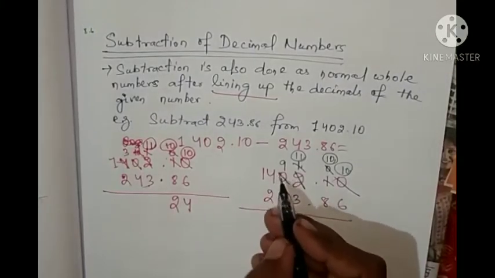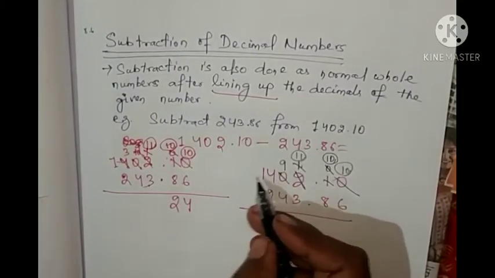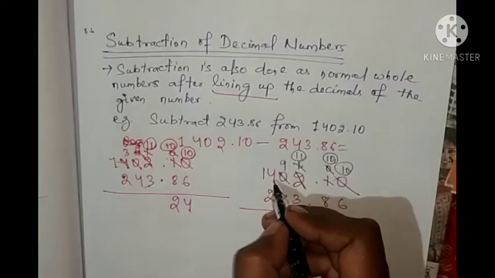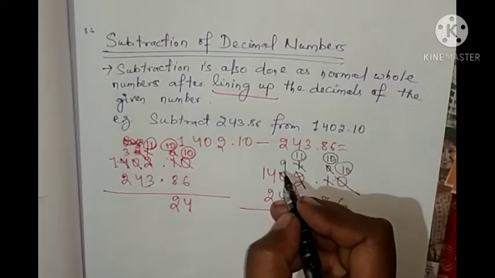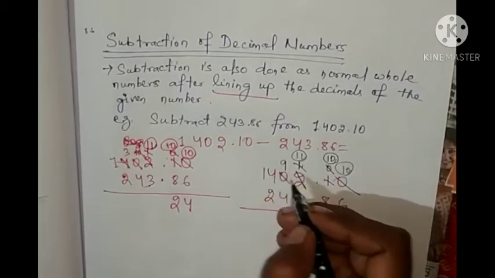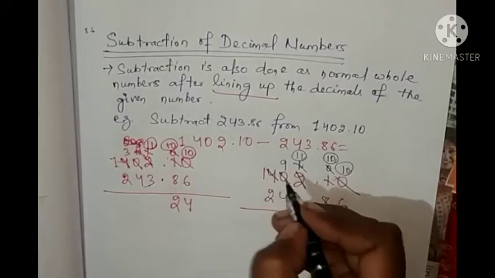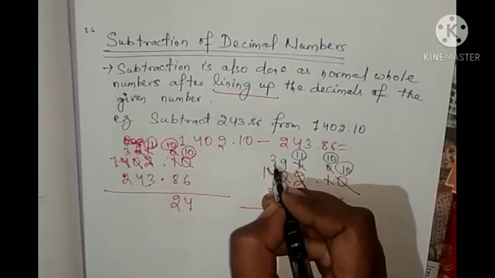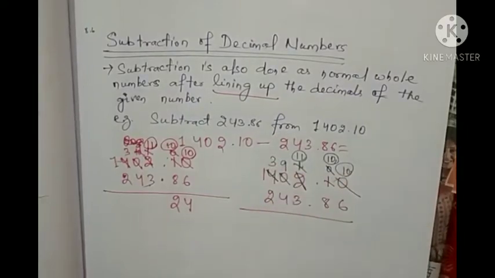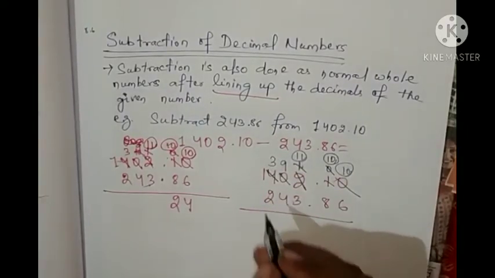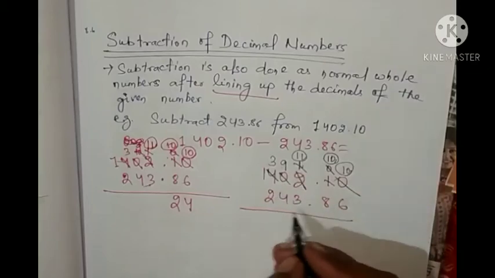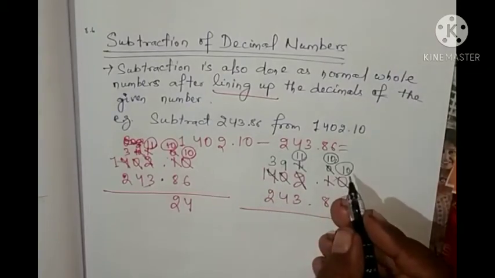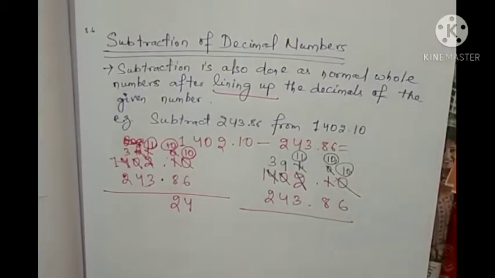Next, these are bigger, so here I have to borrow 10. So this will become 3. So I have borrowed like this, how we used to do in normal subtraction with whole numbers.